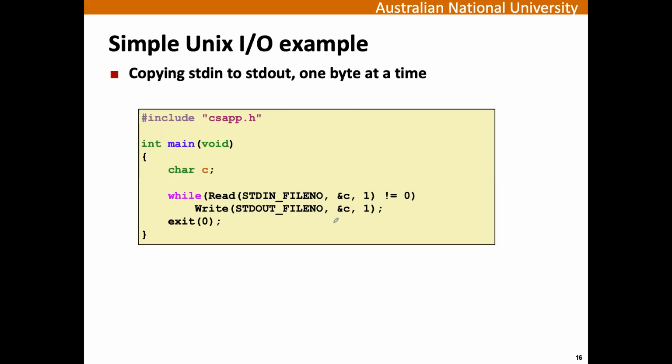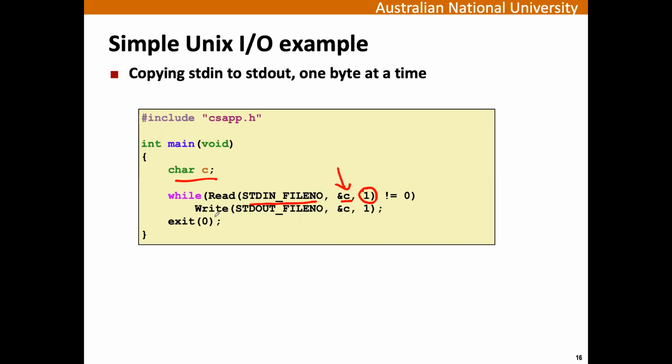So this program is reading from standard input into a character c. So this c here is a 1 byte buffer. It's still a buffer. It's just a 1 byte buffer. You use a read system call to read a character from standard input. So 1 means 1 byte. This is the third argument, how much you want to read.